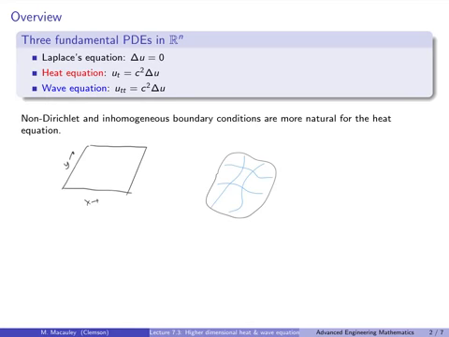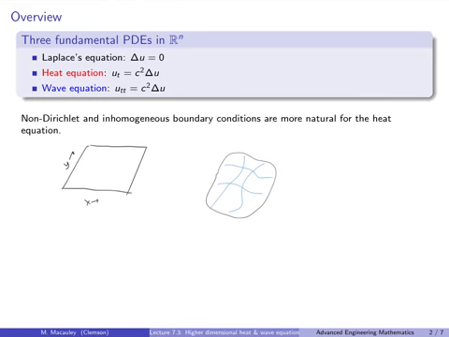Maybe in nanotechnology or biology or advanced material research, maybe this is more natural. I don't know that. But at least in an undergraduate class, in my mind, when I'm thinking about modeling, inhomogeneous boundary conditions are more natural on the heat equation.